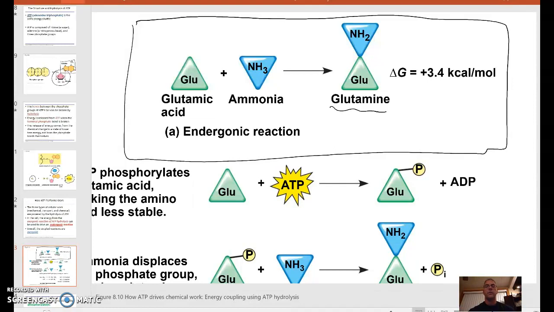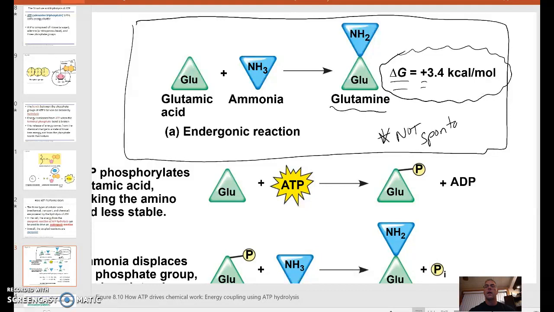Under experimental data collecting, they've determined that the change in free energy is endergonic, with a quantity of positive 3.4 kilocalories per mole. That would indicate that this is not spontaneous. This is not something that would be energetically favorable. It's going to require an input of energy.